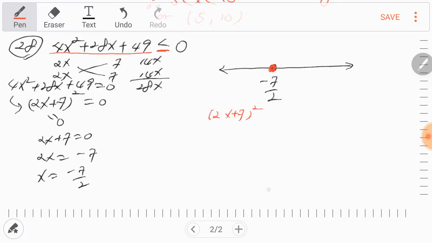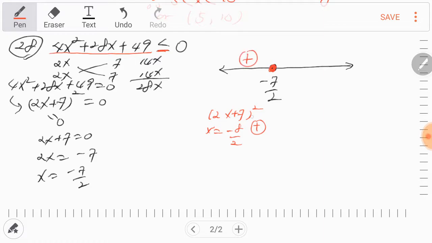Is negative 8 over 2 fine? Yes, negative 8 over 2. If x equals negative 8 over 2, then 2 times negative 8 over 2, so negative 8 plus 7 is negative, but once you square it, this one becomes positive.